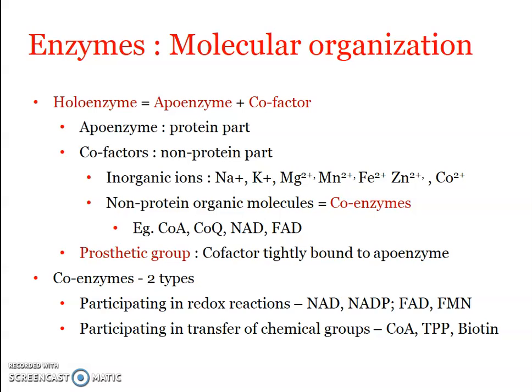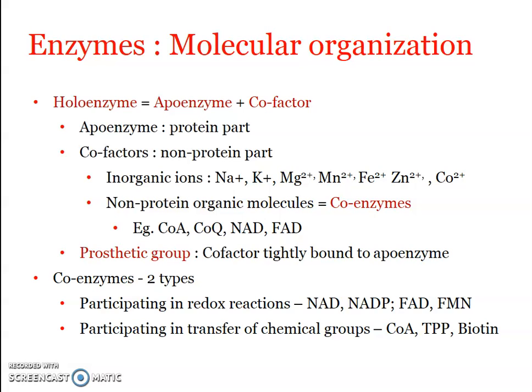So we can see that the holoenzyme is made up of a protein part, which is referred to as apoenzyme, and a non-protein part, which is referred to as a cofactor. The presence of a cofactor is very important, because in the case of a holoenzyme, both apoenzyme and cofactor have to be present to bring about the catalysis process.